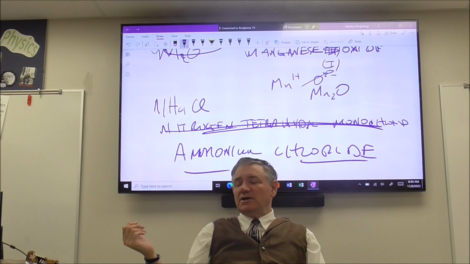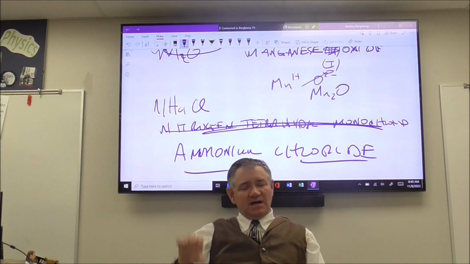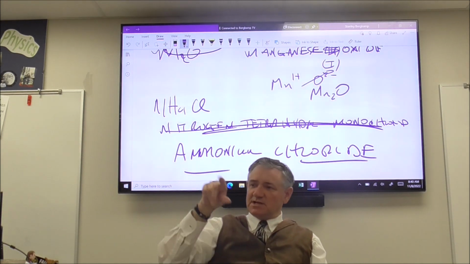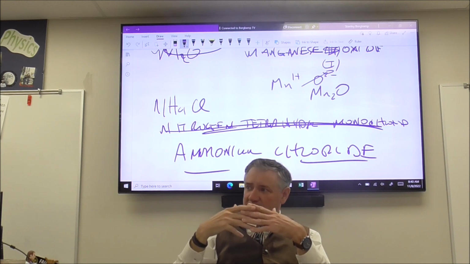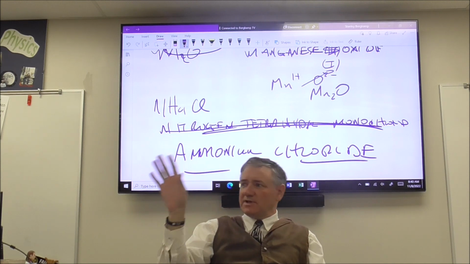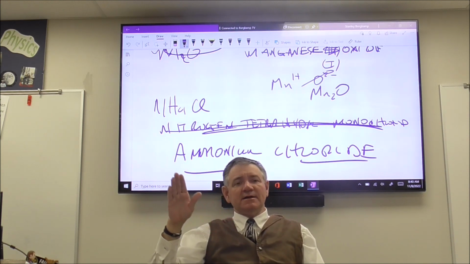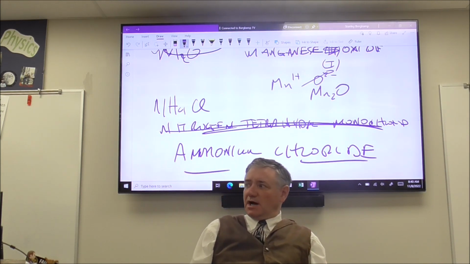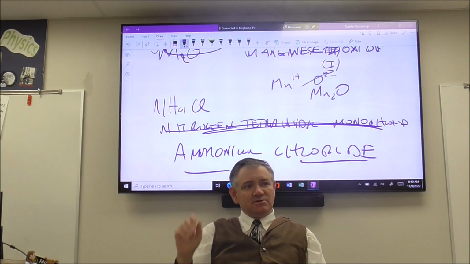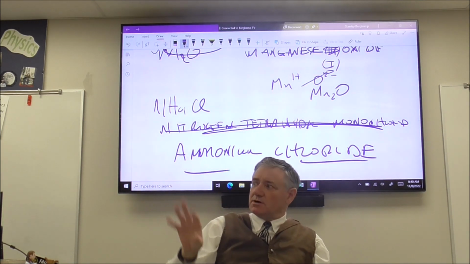Now, if you want to visualize these ionic compounds with little pieces that you cut out and fit together like lock and key, and you like that, that's cool, do that. If you like doing the electron dot and that speaks to you because you're a visual type person, go with that.